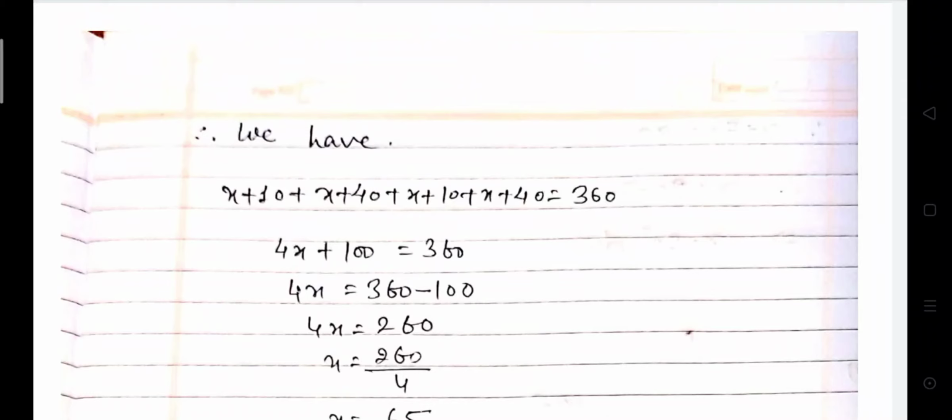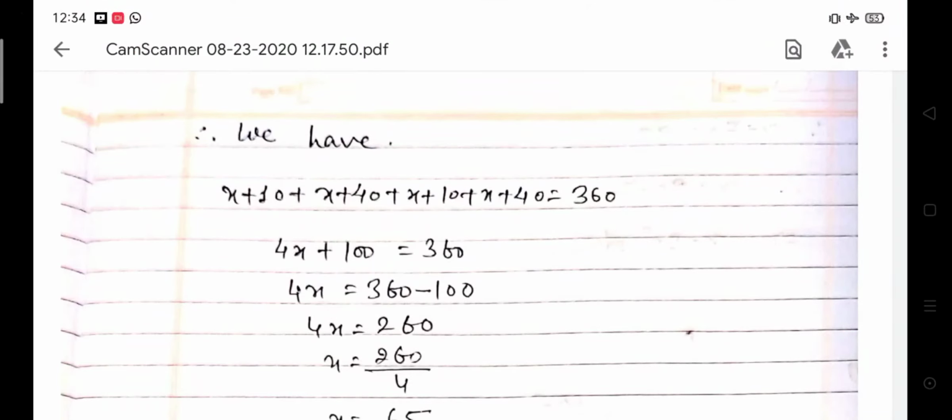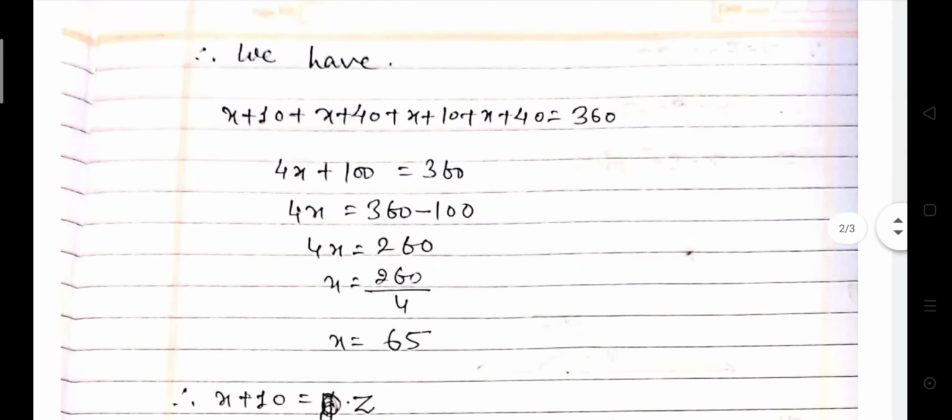So we get x plus x plus x plus x is equal to 4x, and 10 plus 40 is 50, plus 10 is 60, 60 plus 40 is 100, is equal to 360 degrees. So we get 4x plus 100 is equal to 360 degrees.